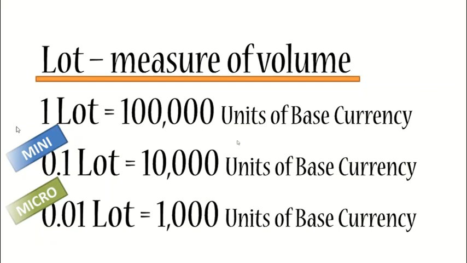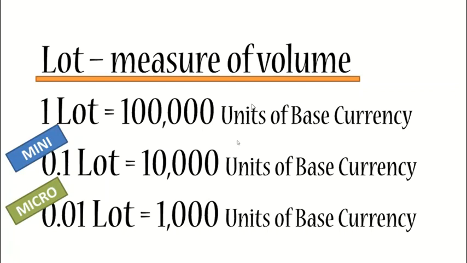That's where they're actually asking you how many lots you want the broker to give you. A standard lot means one lot and above, meaning you can order 100,000 units of base currency and above.